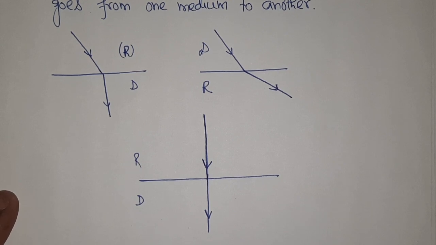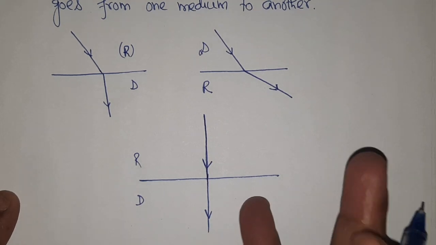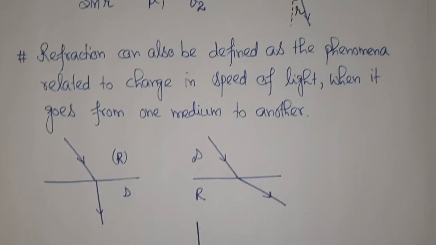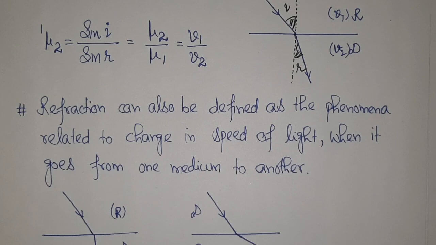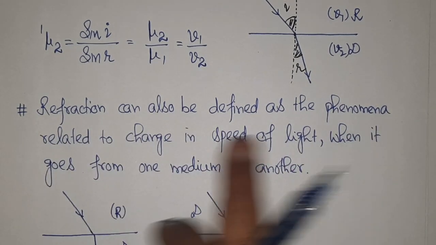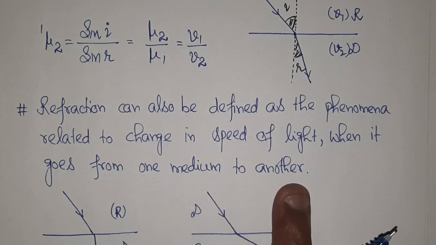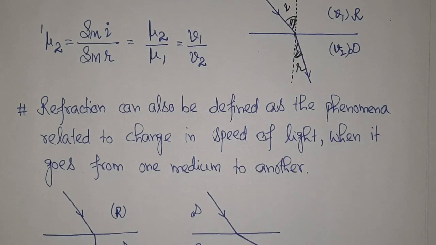क्लास 10th में आपको स्पेसिफिकली टीचर ने शायद ये कह दिया हो कि this is not a situation of refraction. ठीक, तो आप ध्यान से इस डेफिनेशन को देखो. Refraction of light, phenomena related to change in speed of light when it goes from one medium to another medium. Now come to the scenario.